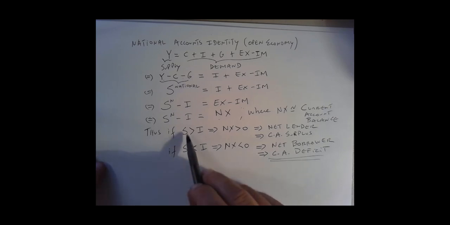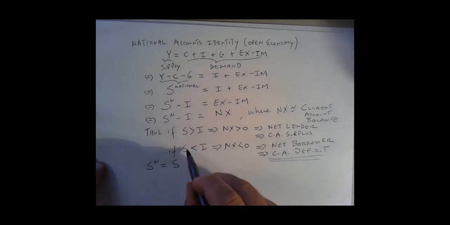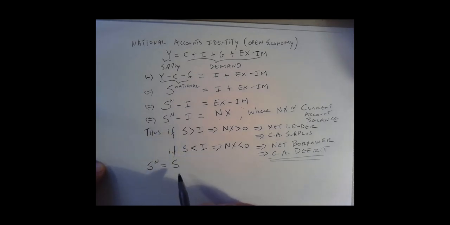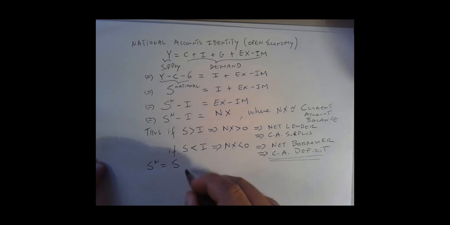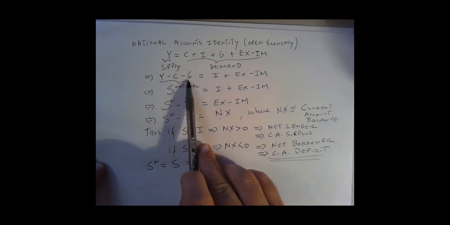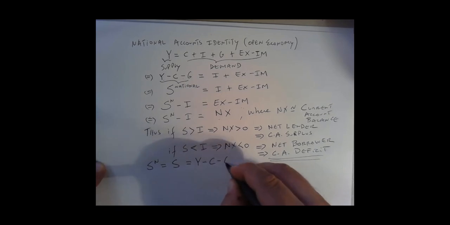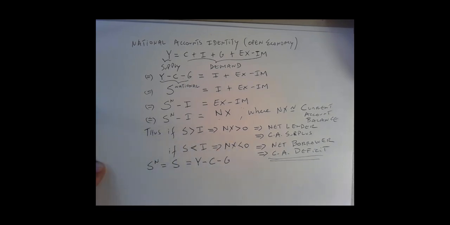How? Because these savings, national savings, which I'm using just S here, are equal, as we mentioned over there, to income minus consumption minus government purchases. Now let's add taxes to the right hand side of the equation and subtract taxes from there.